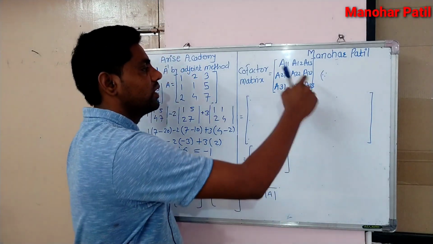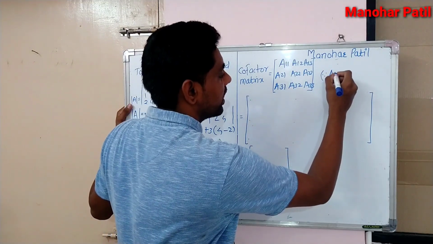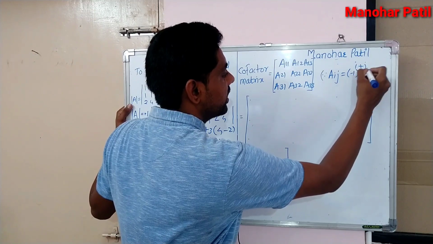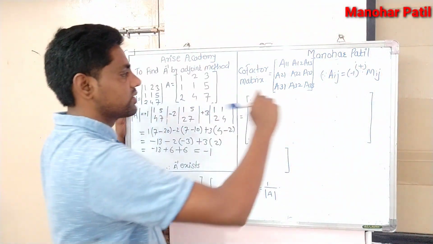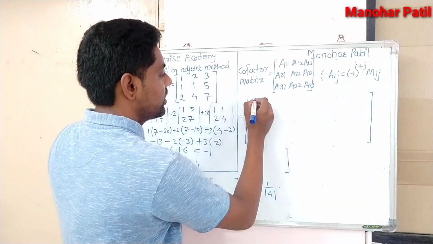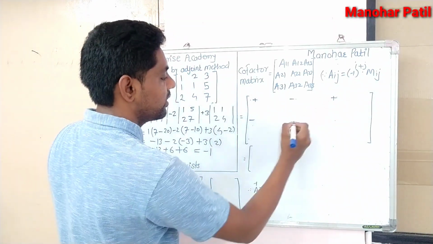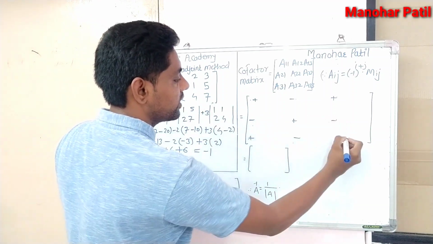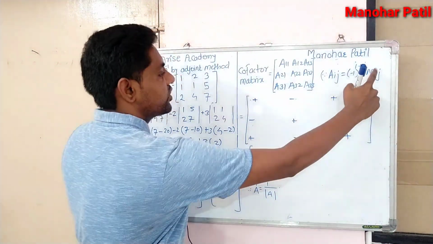We have to find each cofactor element by using this formula: Aij is equal to minus 1 raised to i plus j into the minor of ij. First we write the sign convention accordingly: plus, minus, plus, minus, plus, minus, plus, minus, plus. Then we find the minor of each element.